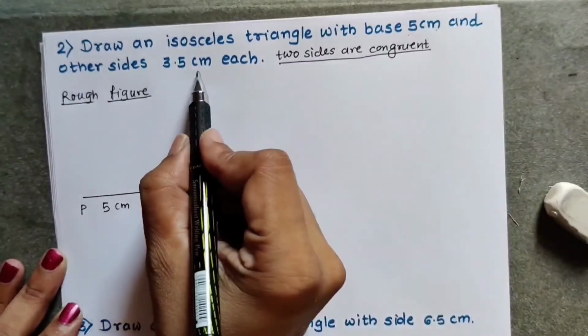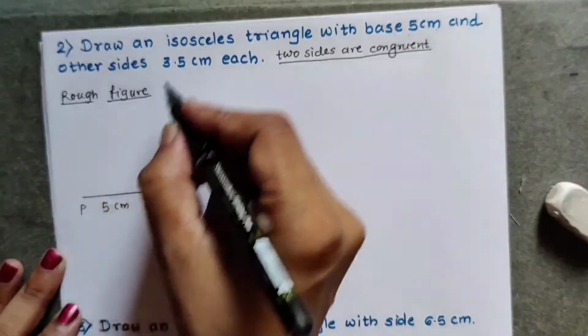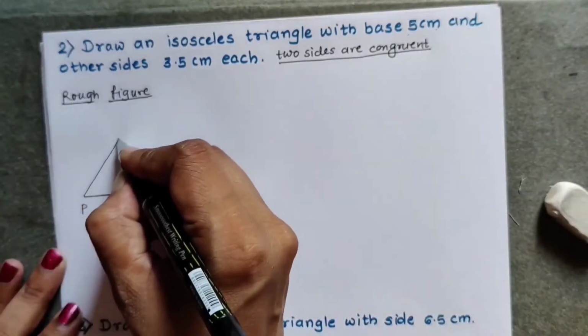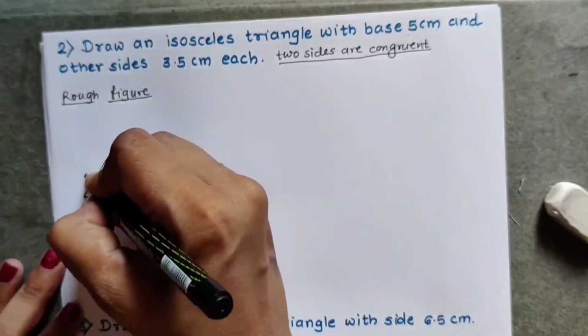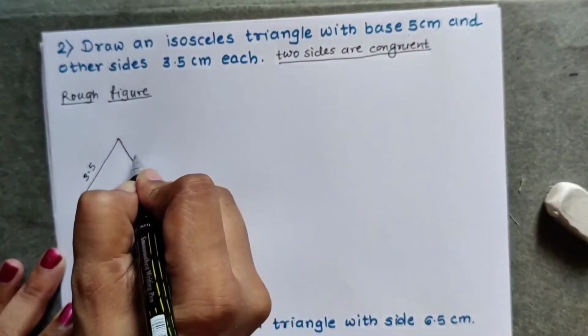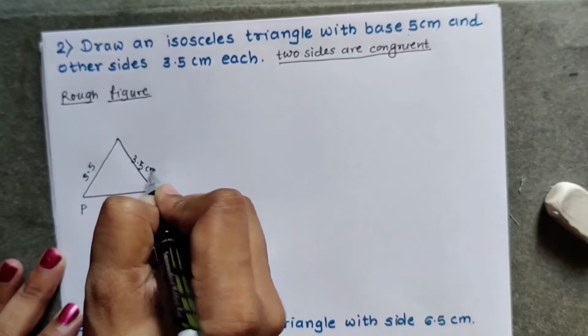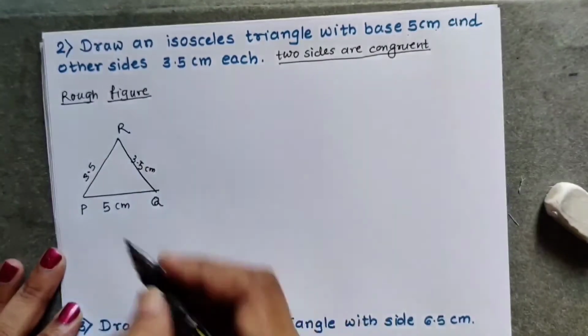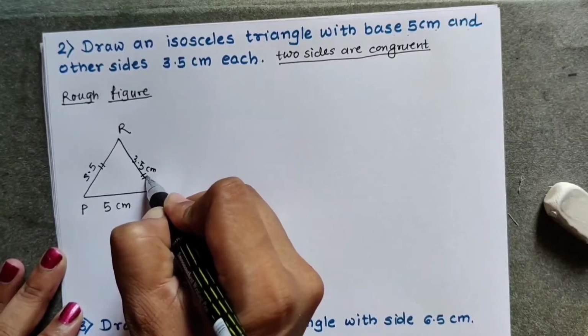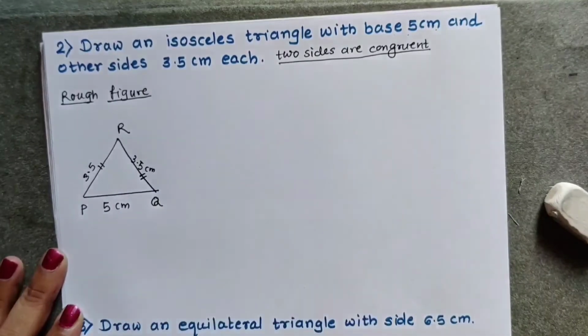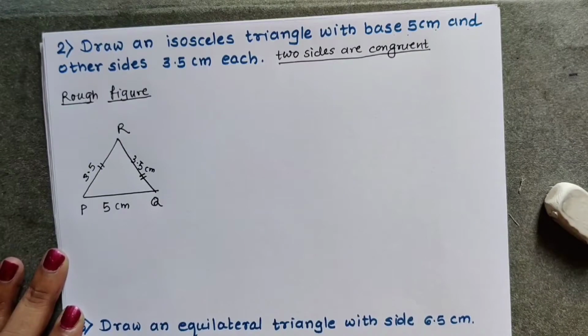And then other two congruent sides are 3.5 cm each. So we can draw the other two congruent sides as 3.5 cm and 3.5 cm. This can be triangle PQR. They are congruent, that's why we can show it by the same symbol. Now let us draw the fair figure.